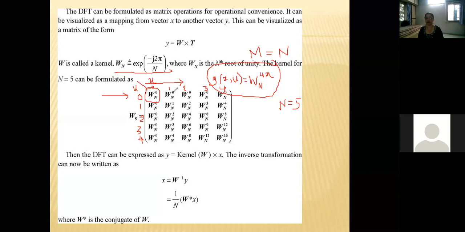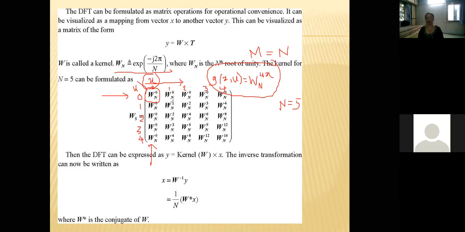If you look at the very first column, x value is 0. As x is 0, u into x becomes 0. So all these terms are Wn raised to 0.